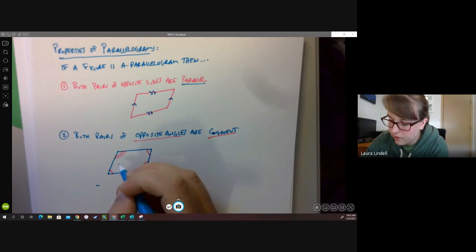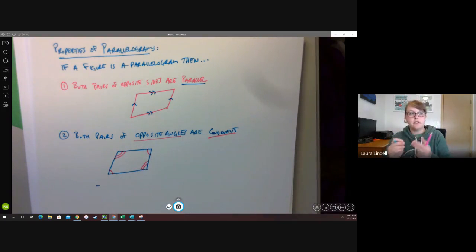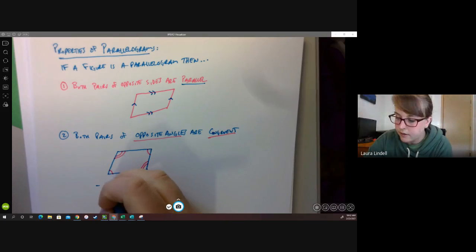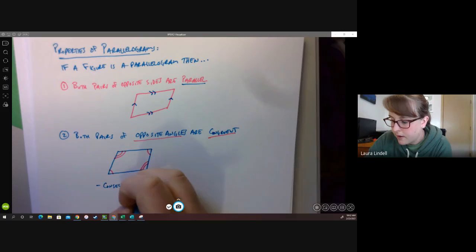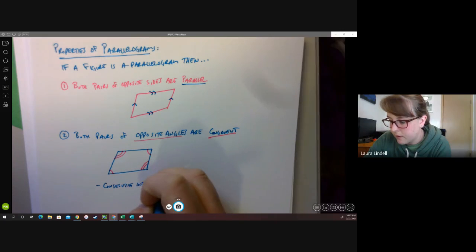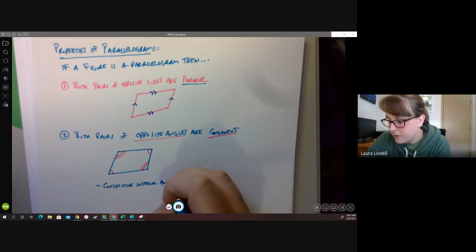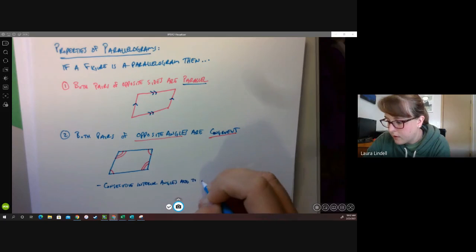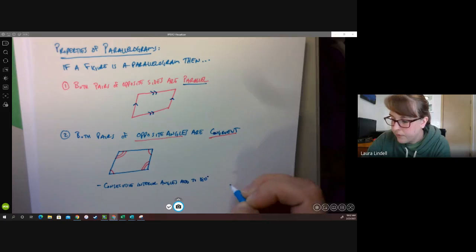tells us, remembering those consecutive interior angles when parallel lines are cut by a transversal, consecutive interiors were supplementary. They added to 180. So that also holds here. Consecutive interior angles add to 180.